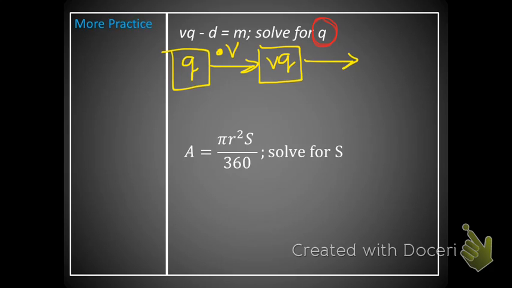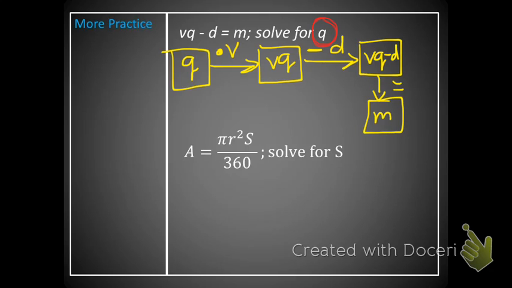The next thing is I am subtracting D, so that gives me VQ minus D. There's nothing else happening to it, so all that's left is that equals M. Makes sense?